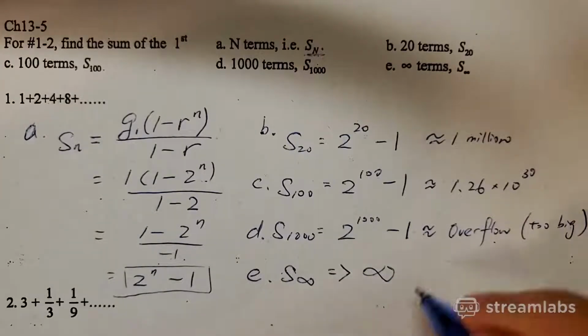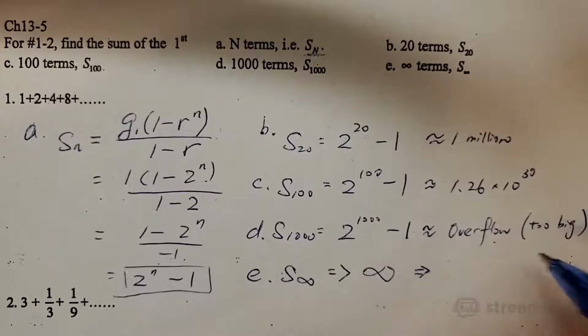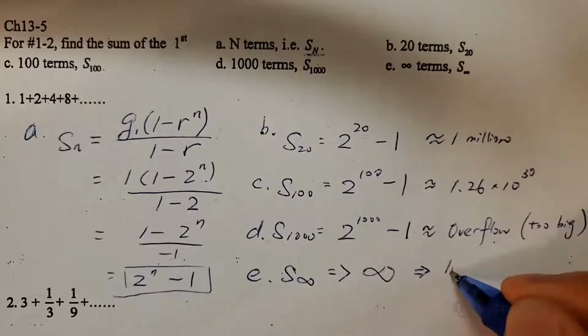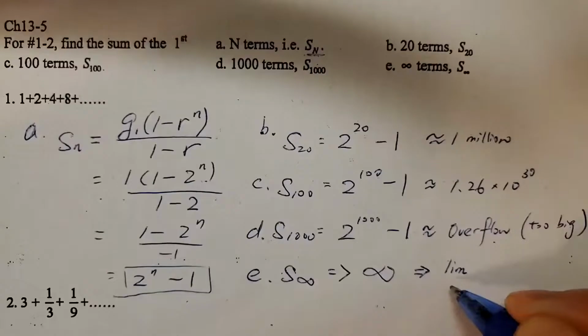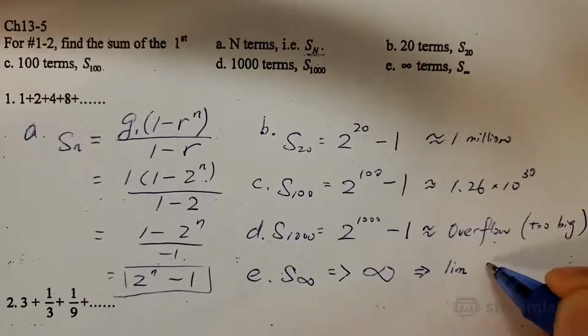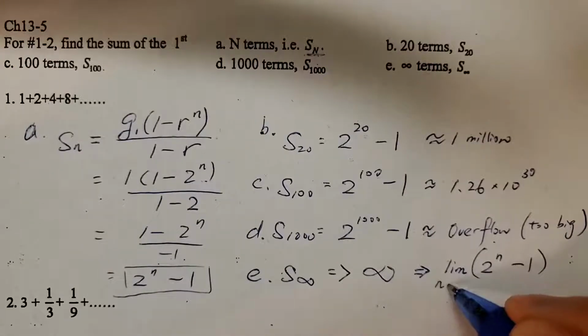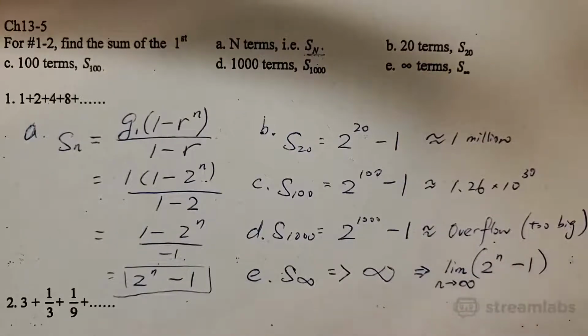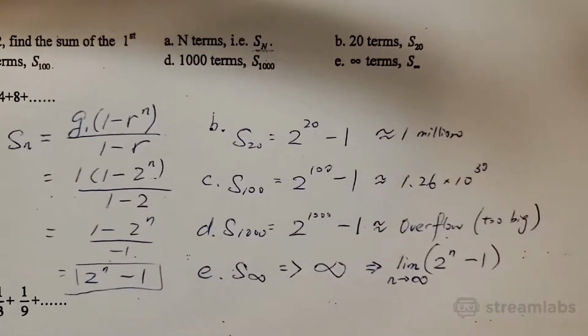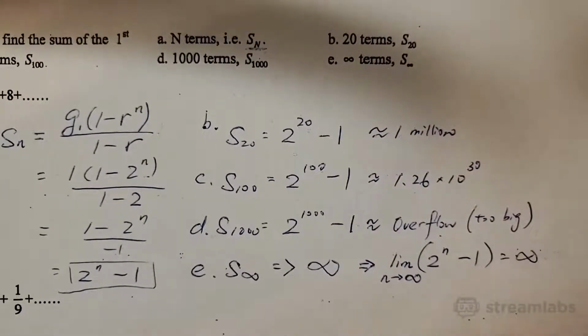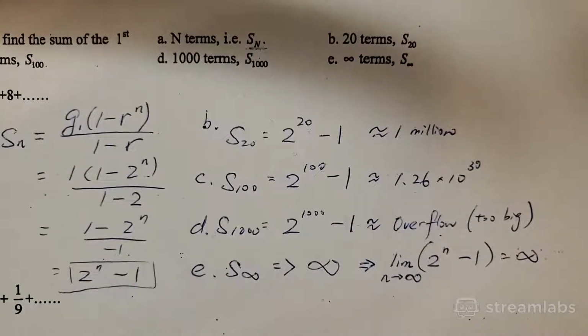Now, how do I notate it? I write the limit of 2 to the n minus 1, that was my formula, as n goes to infinity. This is equal to infinity, or goes to infinity.